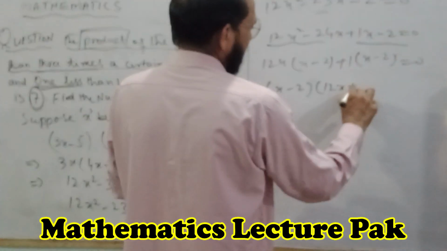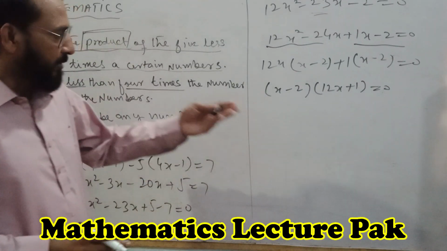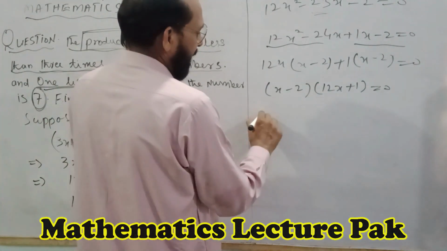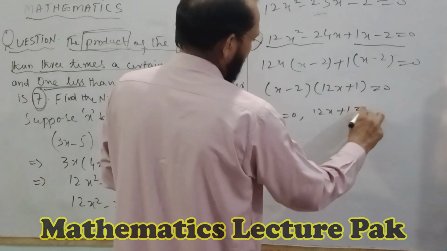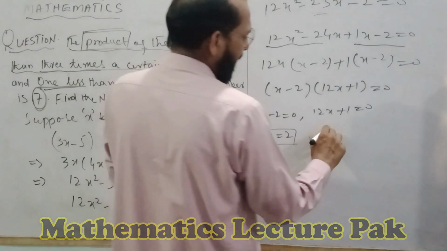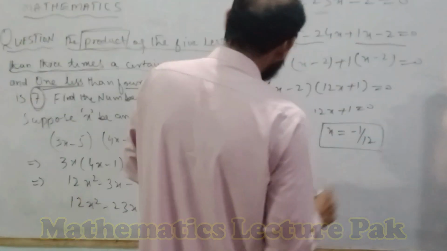So the final factor is this. Now we have to find x: the product of these two numbers is equal to 0. So after putting each factor separately equal to 0, we get x. The x will be 2 in this factor and the x will be negative 1 over 12 in this factor.